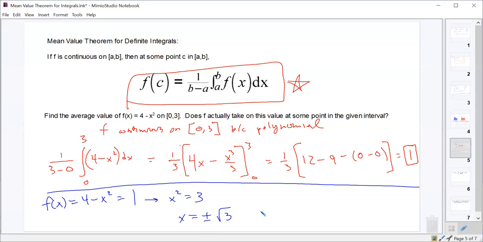So the answer is yes, at x equals the positive square root of 3, because negative square root of 3 is not on that interval. Good?